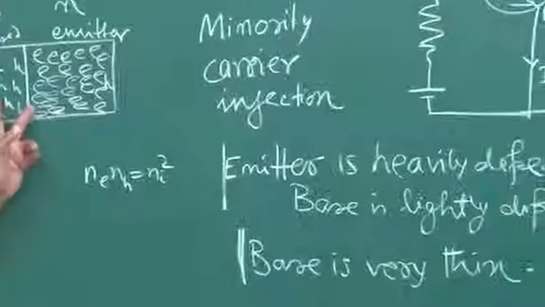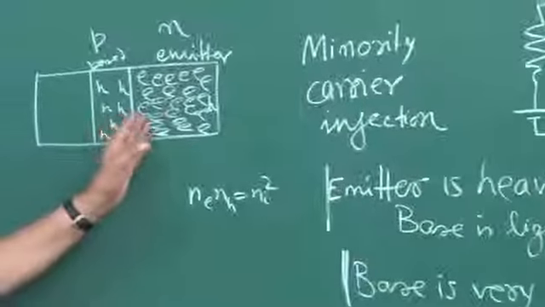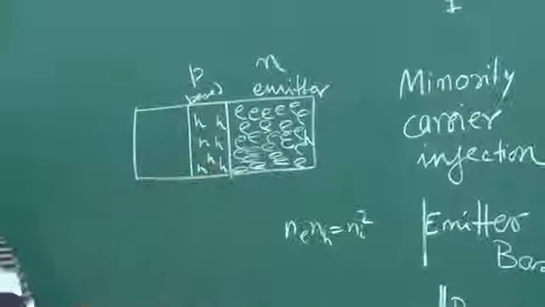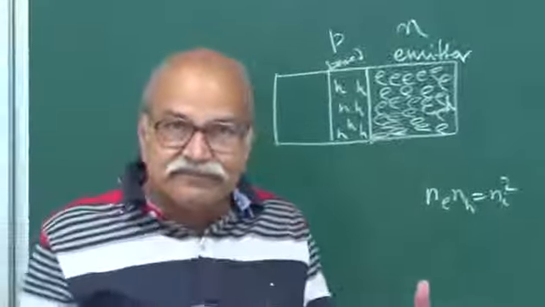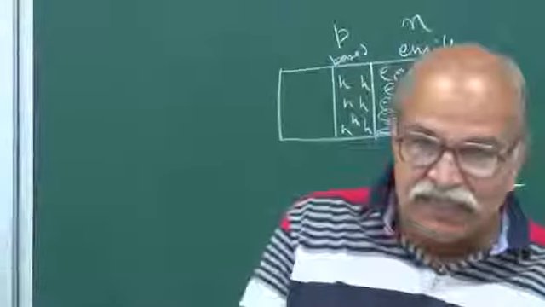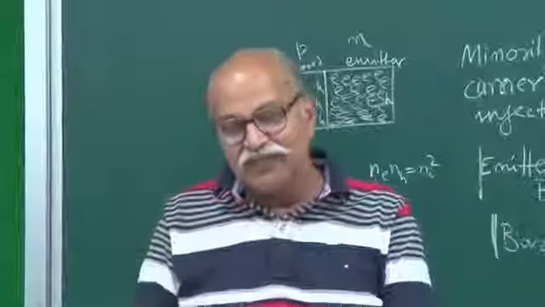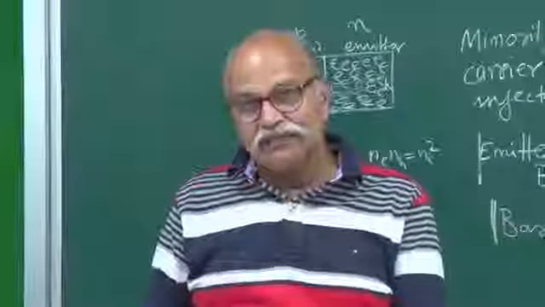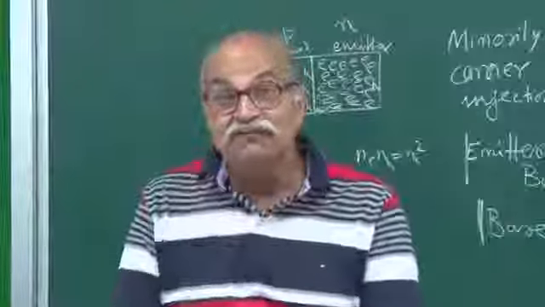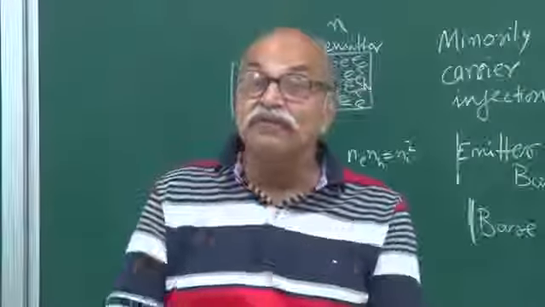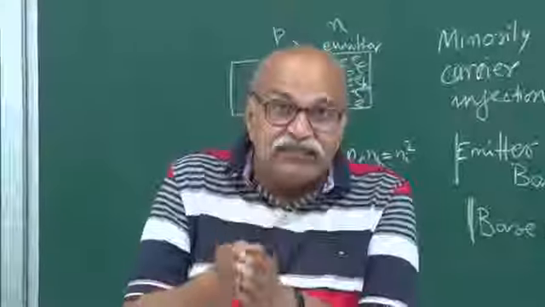So that means this is thin, and for these electrons to recombine with these holes, you need a certain time. They come and they move, and then they combine with those holes. But if you don't allow sufficient time, most of them will not recombine in that thin space.